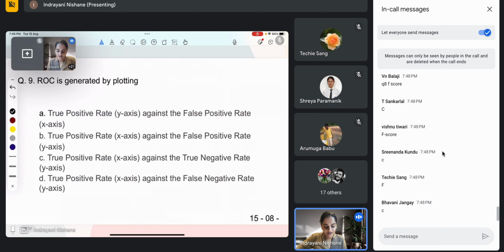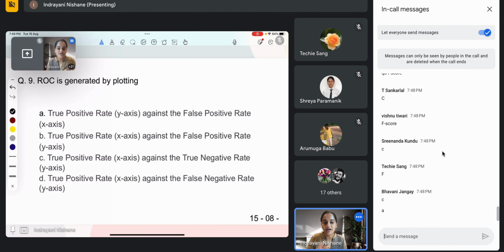So ROC is generally generated by plotting. This also we have discussed. It may be confusing, so I'll give you some time to read all the options. I have already told you how to plot the ROC.